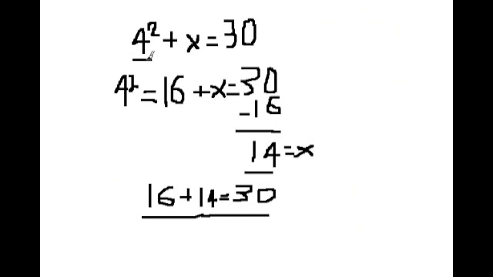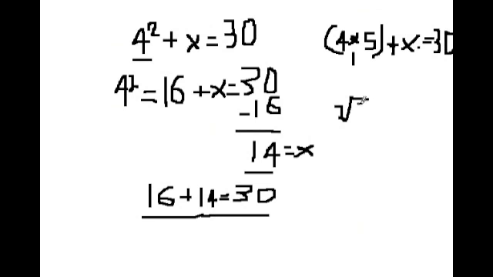Again, it may seem challenging, but it uses the exact same steps. If you have a question such as 4 times 5 in brackets, and then plus x, stuff like that, equals, let's say, 30, this question uses the exact same steps, but you would just have to simplify this first. The same thing applies if you have a square root.